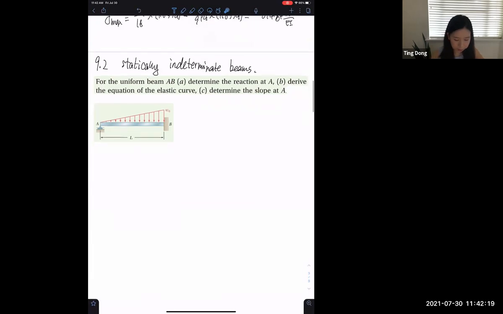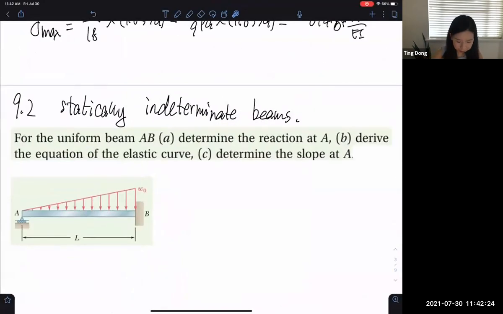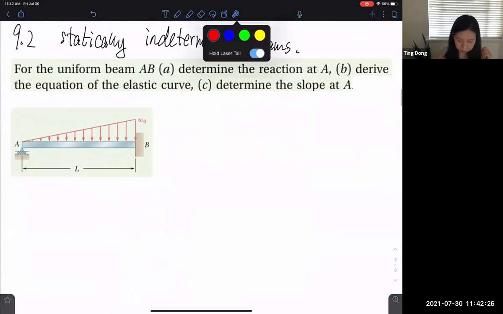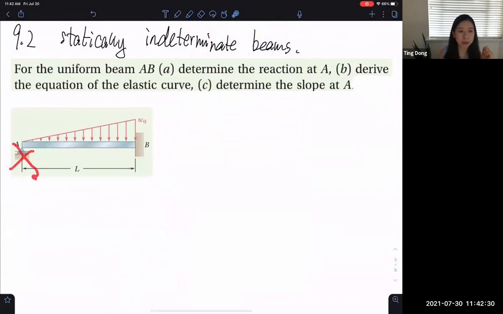Because let's say for the structure here, if we don't have this roller support at point A, it is statically determinate.